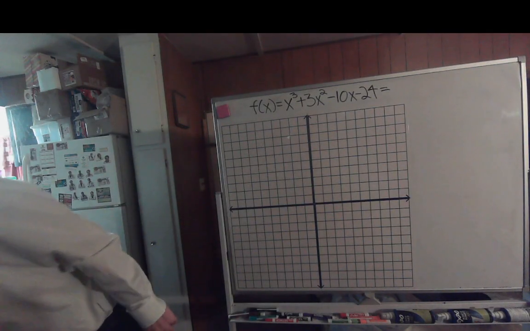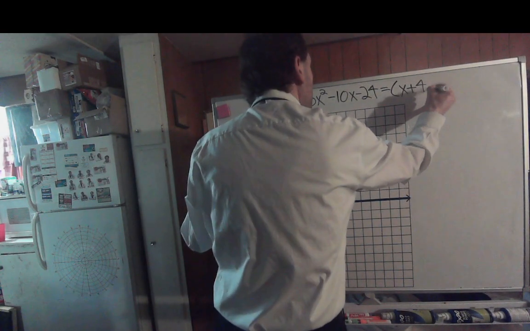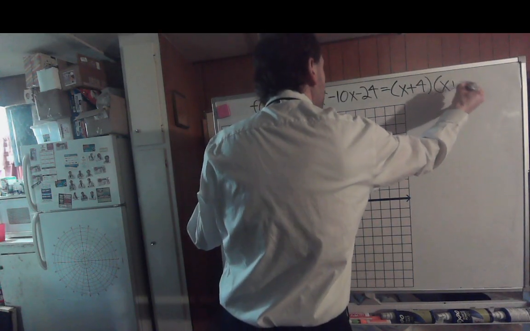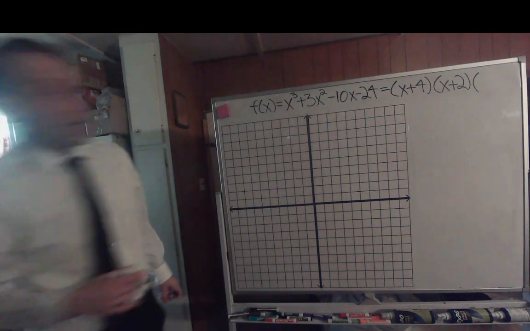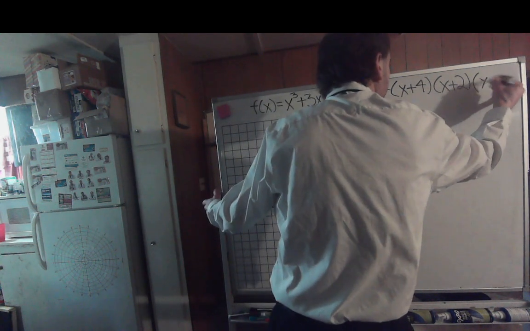This is where the factors come into play. That's simply going to be the quantity of x plus 4 times the quantity of x plus 2 times the quantity of x minus 3. All right, those are your factors.